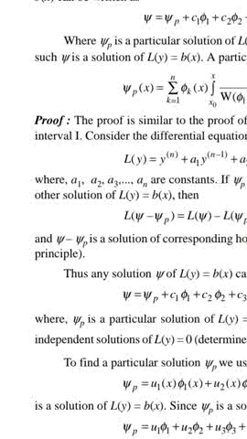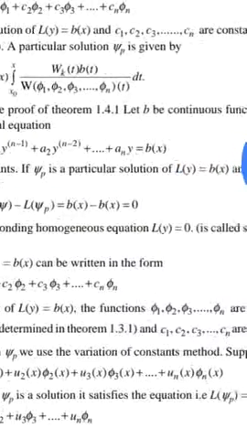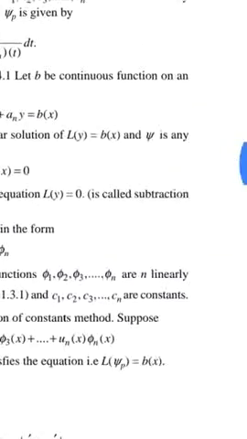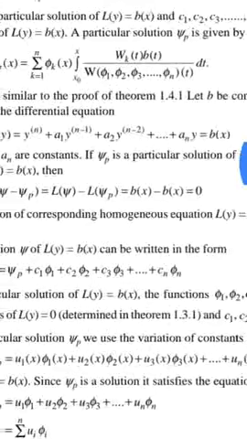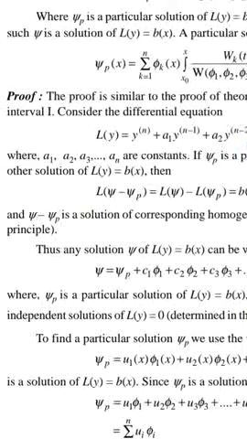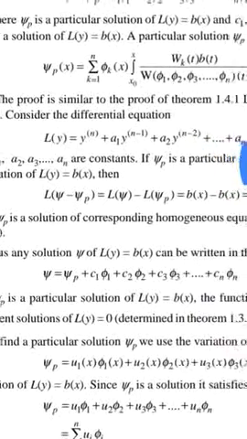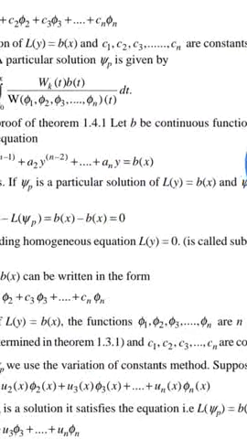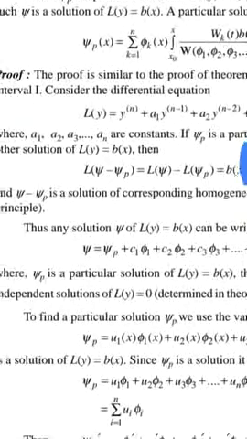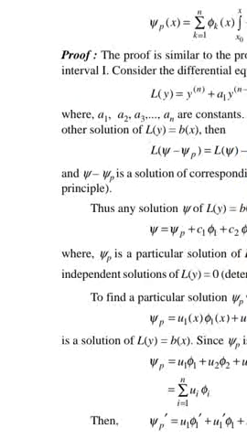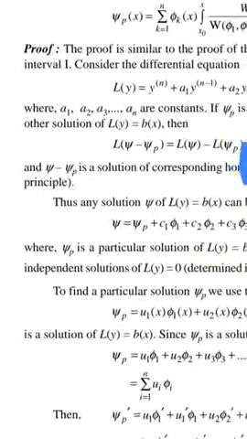Proof. The proof is similar to the previous theorem. Let b be a continuous function on an interval I. Consider the differential equation L(y) = y^(n) + a1 y^(n-1) + a2 y^(n-2) + ... + an y = b(x), where a1, a2, a3, ..., an are constants.